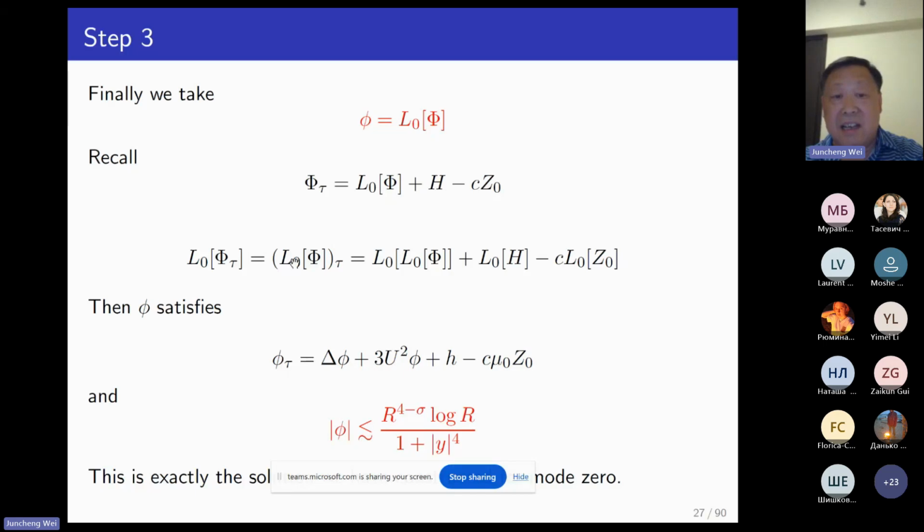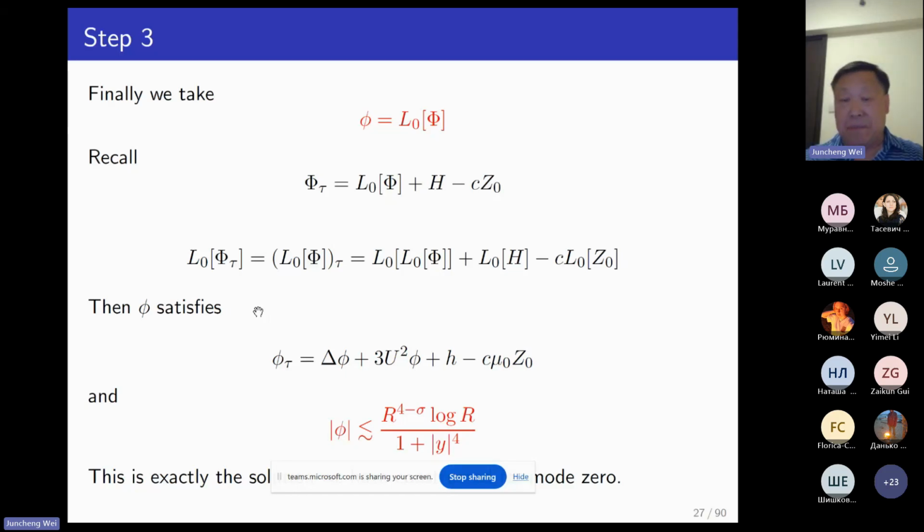So I can take out tau here, and L0 times L0 phi, which is little phi. But L0 h is the infinite problem I already solved. And L0 Z0 is just lambda Z0. So the phi solves this problem, and this is exactly what I want.